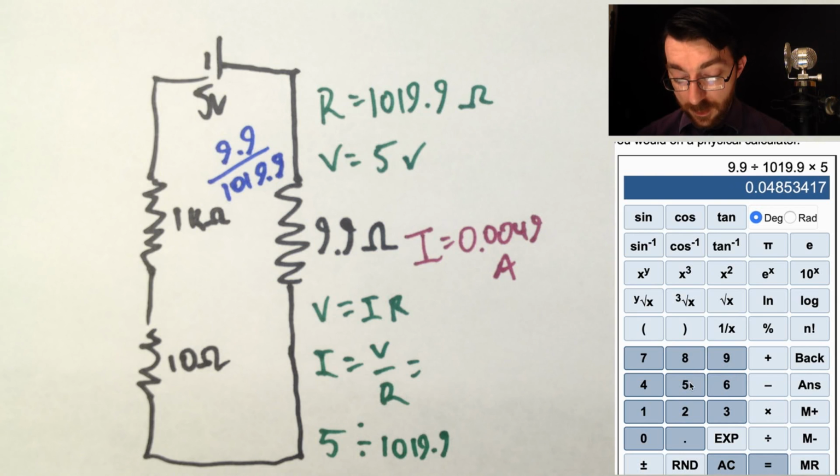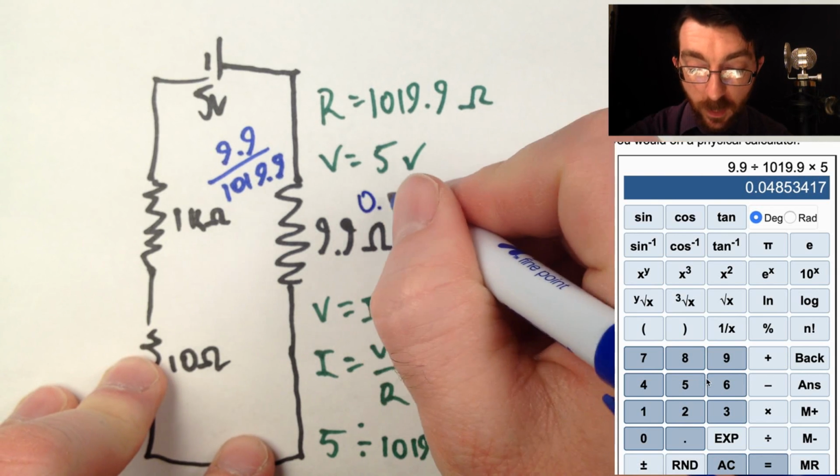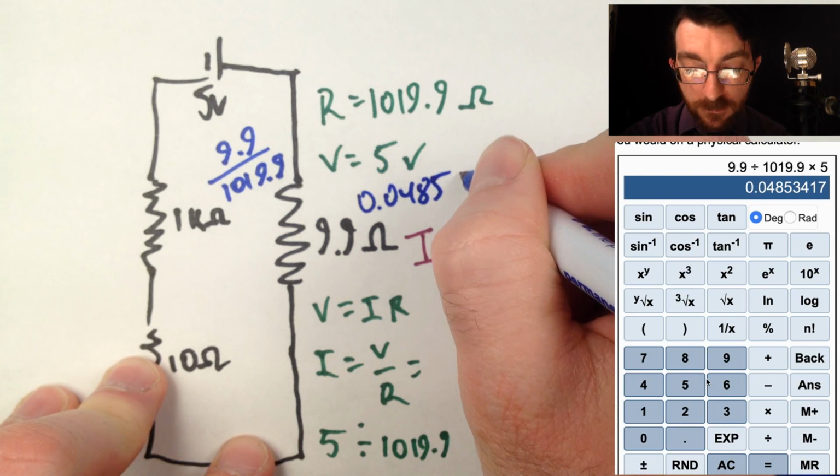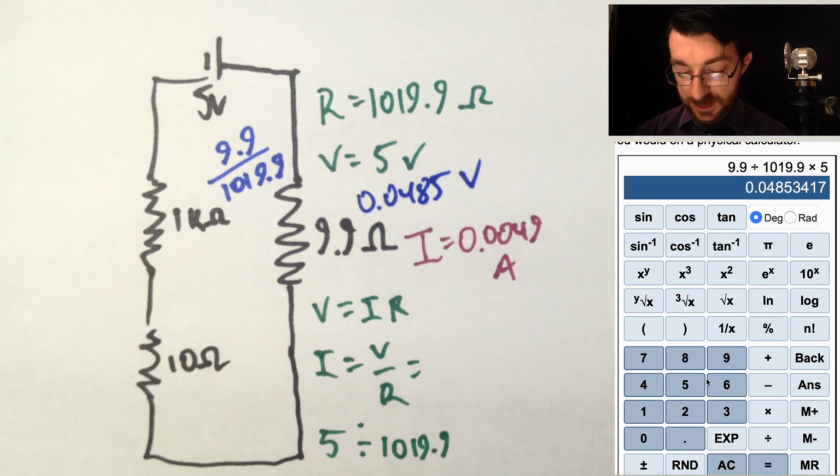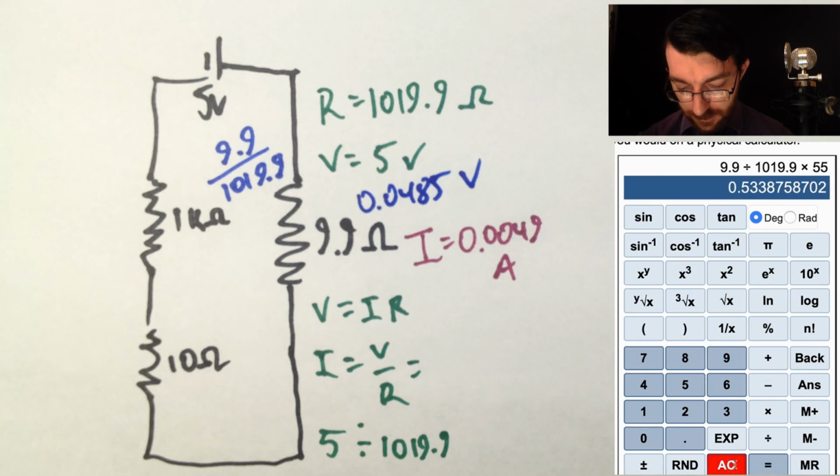Okay. What we can say is that 0.0485 volts were dropped over that resistor, so on the other side of that resistor there's only, let's see what the difference is, 5 minus 0.0485.